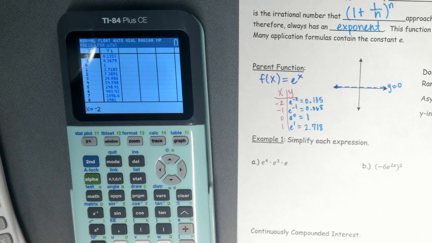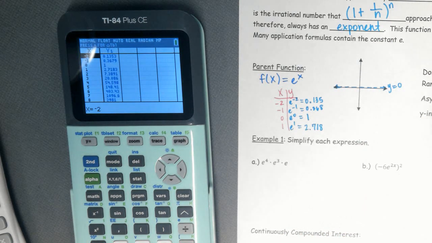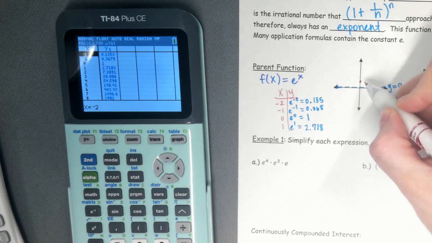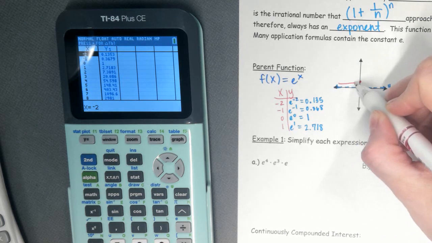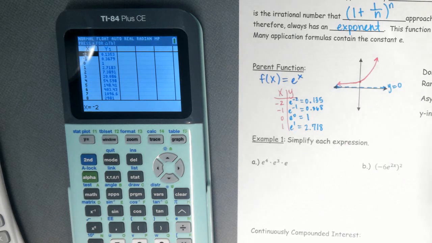Alright, so for this one we are just going to draw a rough sketch. Like we talked about, at 0, it's at 1. That is your y-intercept. Okay, it is going to be a curve.